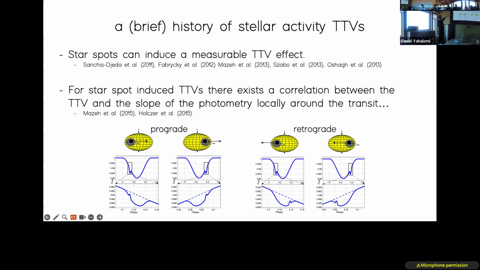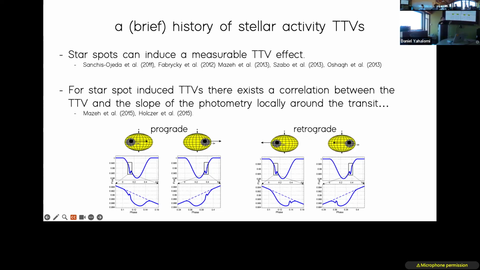If you have a prograde orbit, then when the planet passes in and the star spot passes in similarly, you'd expect at ingress to have a downward slope, which would cause an early fit transit time. And then if it's happening at egress, you'd have a late fit.